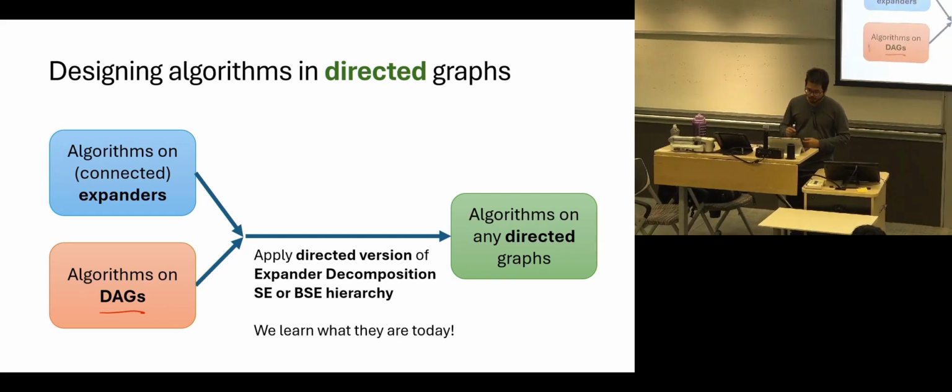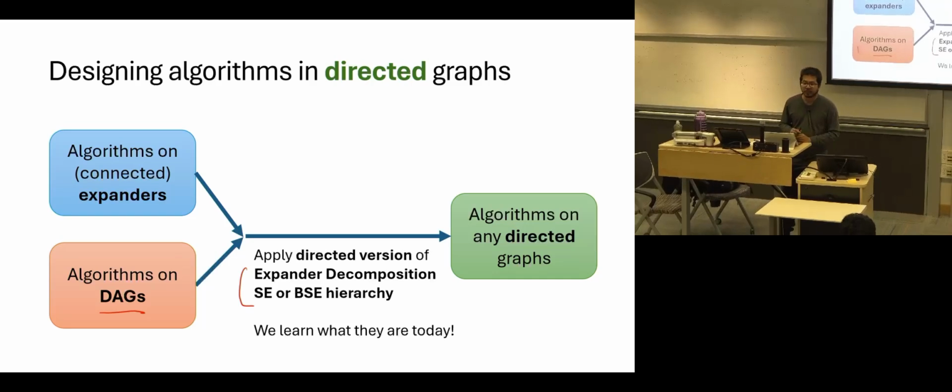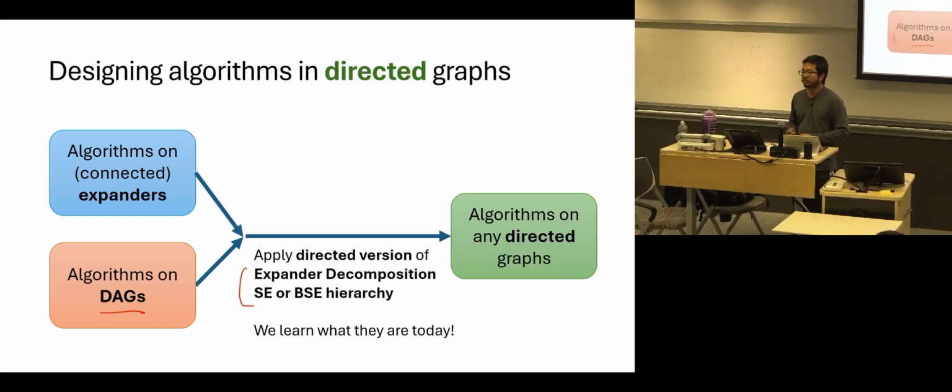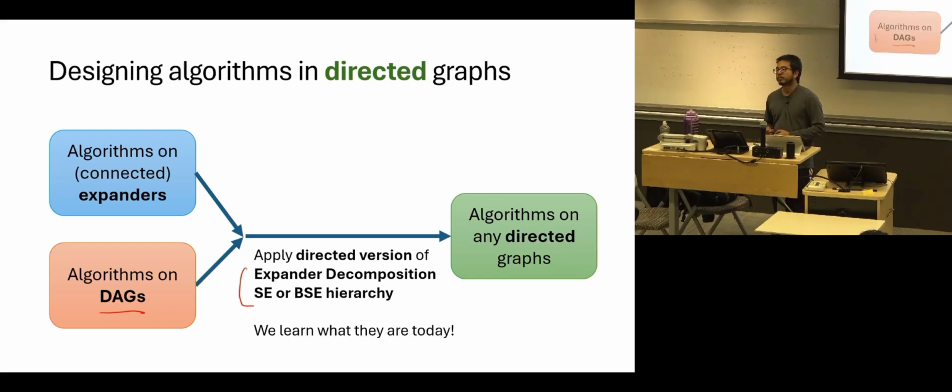So this is what I'm going to tell you about today. What is expander decomposition and expander hierarchy in the directed graph? When we apply this expander decomposition, or whichever hierarchy we pick, that gives us a bunch of expander components, and then we combine them through the algorithm on the DAG.